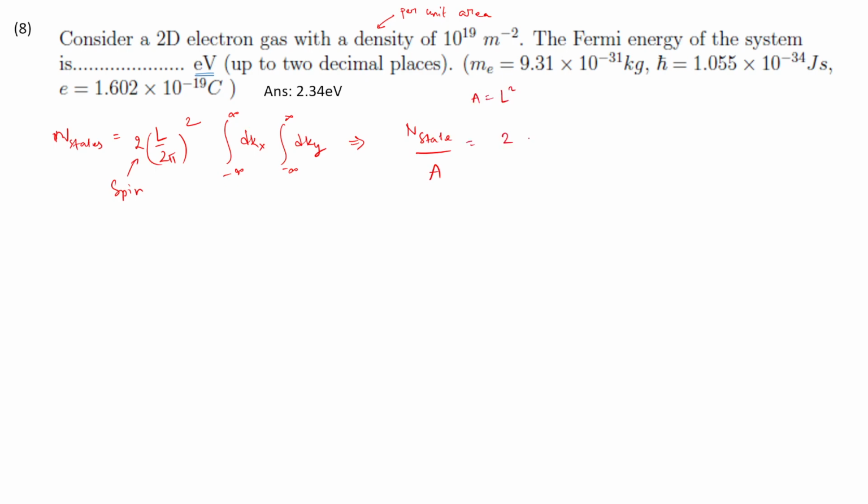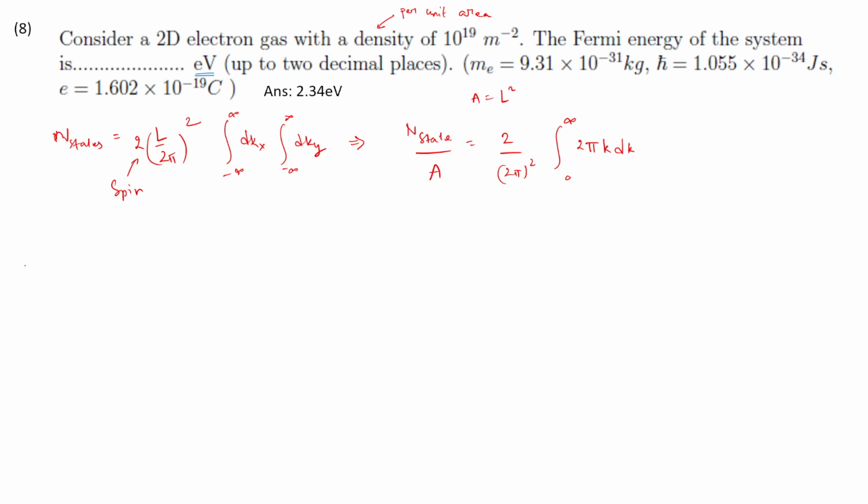So the number of states per unit area, where A is equal to L square, will be given by 2 over (2 pi) whole square, and this dkx dky I can convert into cylindrical coordinates, 2 pi k dk from 0 to infinity. So this is the number of states.